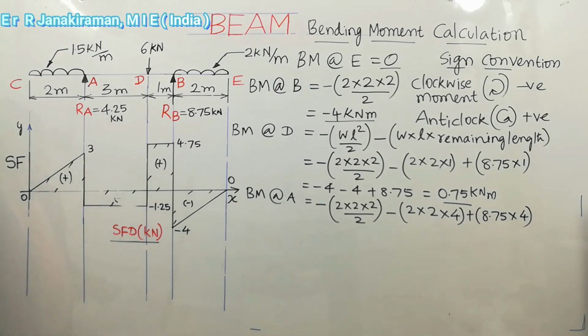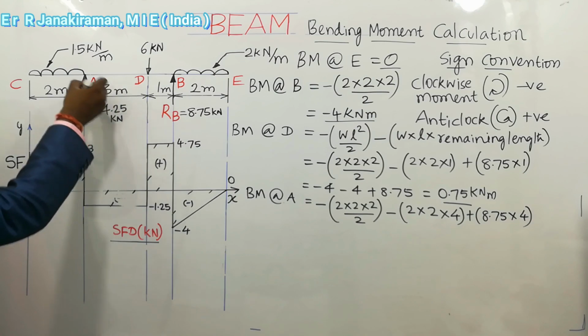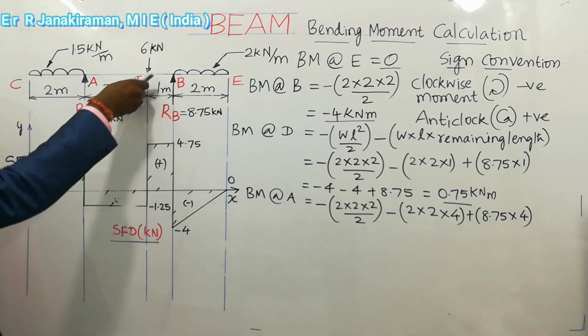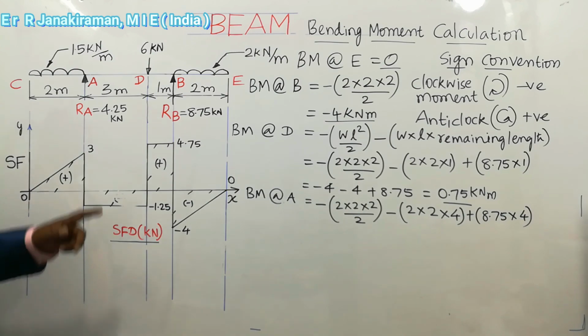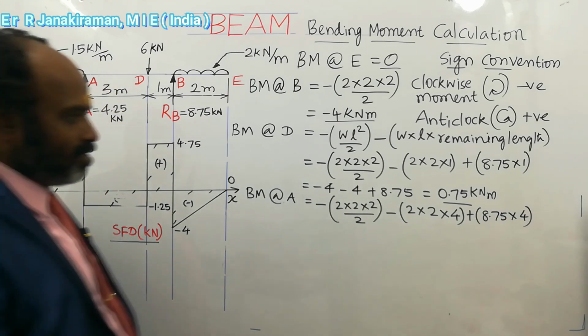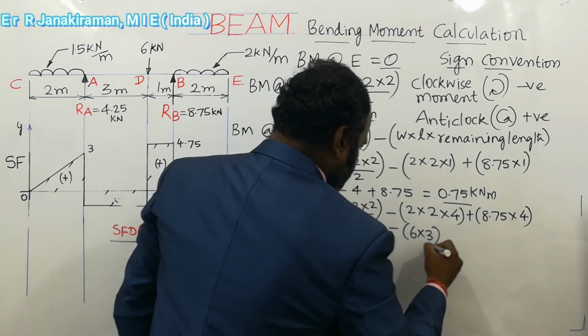Understand? So next load is 6 kilonewton. This 6 acts downward. Acting up to A, it does a clockwise moment. It turns like this, clockwise. Clockwise moment is negative, so minus 6 into 3. Minus 6 into 3.